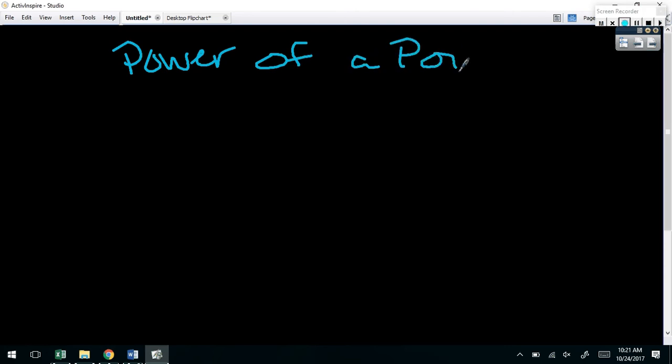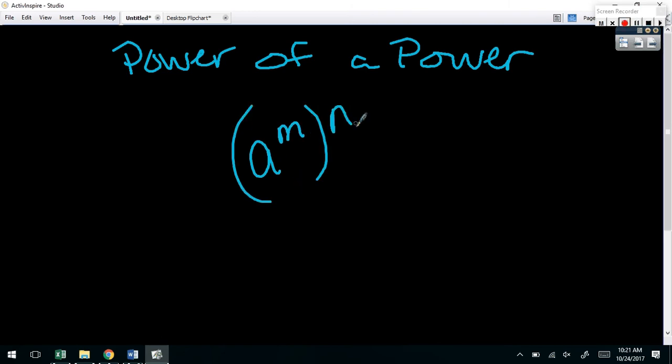Power of a power. I hope you've seen some of these properties before. Your example is a to the m to the n. So I've got a base of a that's raised to the m power, but then it's also raised to the nth power. So it's a power raised up to another power. What do you think you do?